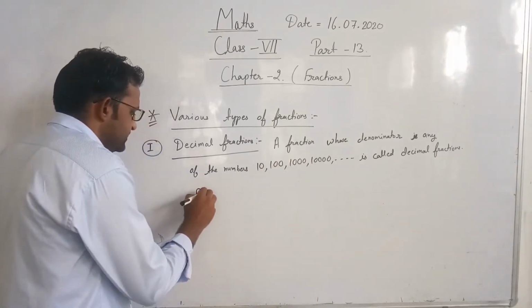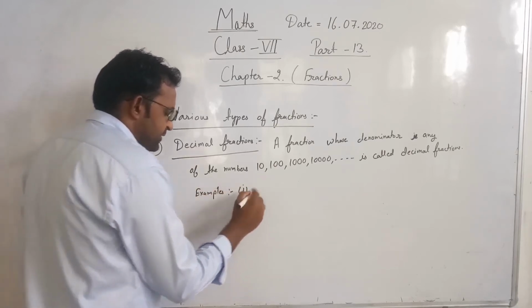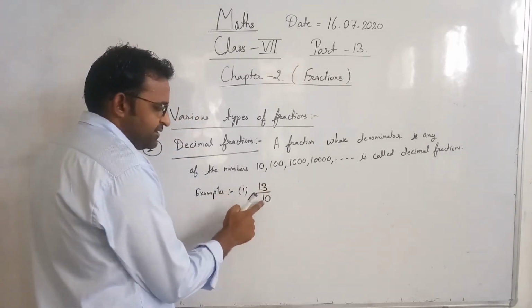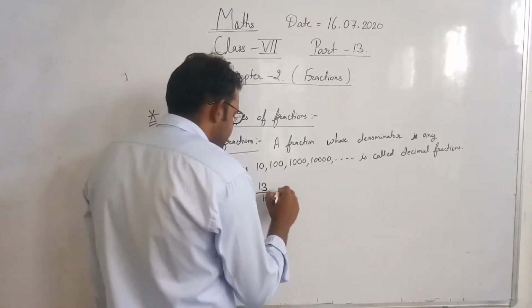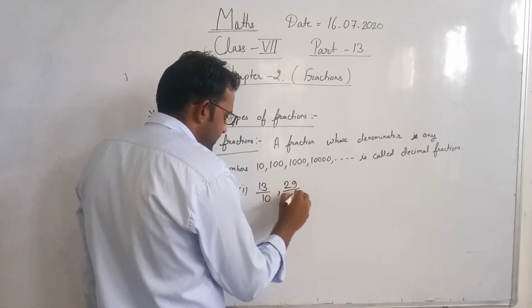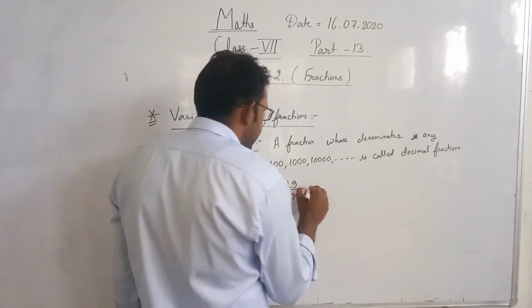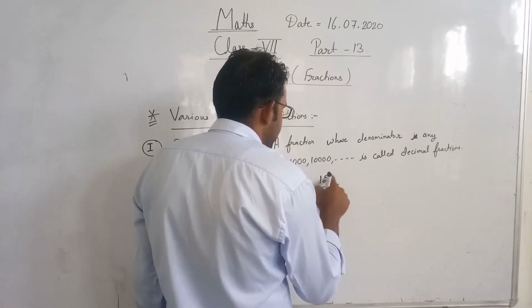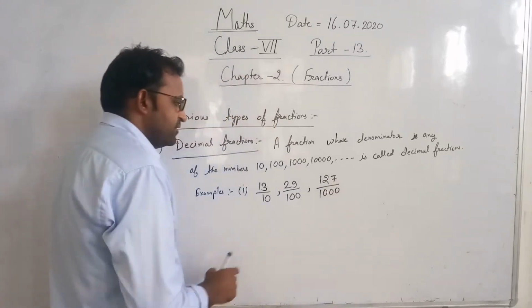For example, first example, 13 upon 10. So the denominator is 10. Next example, 29 upon 100, again the denominator is 100. Next, 127 upon 1000.